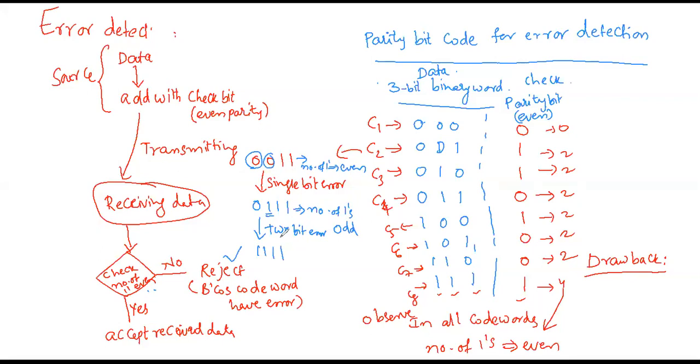If there is a 2-bit error, how many ones? 4. That is even. So it will accept the received data.